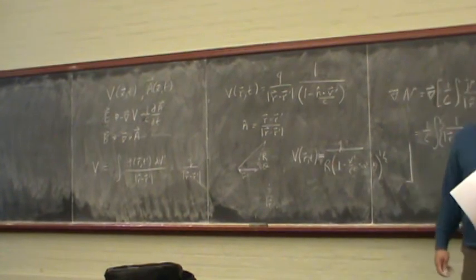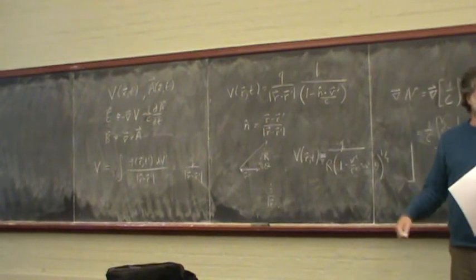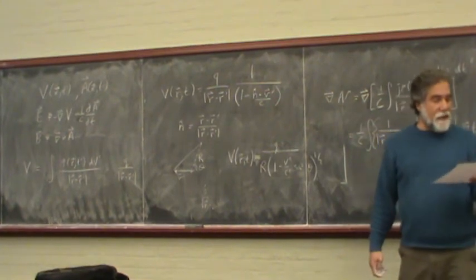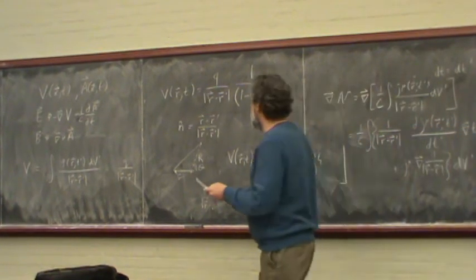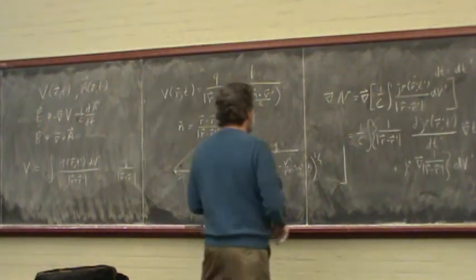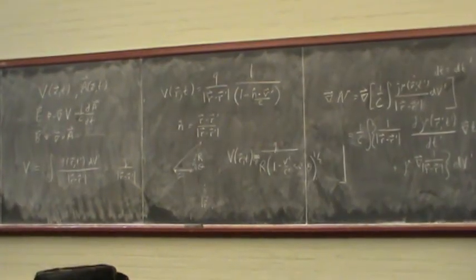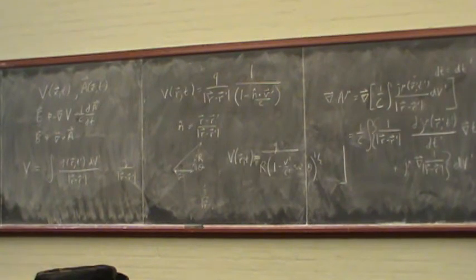So now I've got to take derivatives of this in order to find the electric field that we actually observe. Let's see. Don't need this. I'll leave this up, that's my definition. I don't need this.